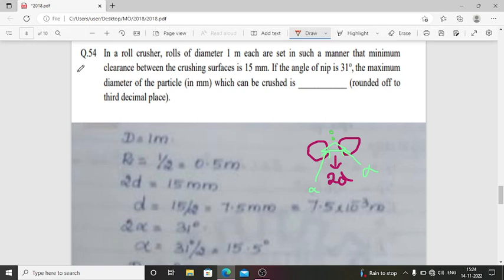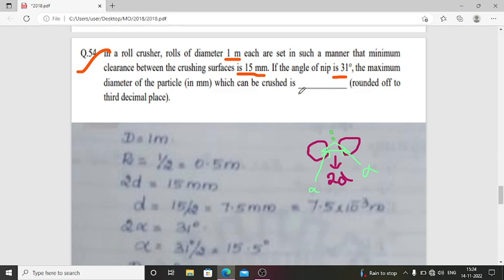Question number 54. In a roll crusher, rolls of diameter 1 meter each are set in such a manner that the minimum clearance between the crushing surfaces is 15 mm. If the angle of nip is 31 degrees, the maximum diameter of the particle in mm which can be crushed is.